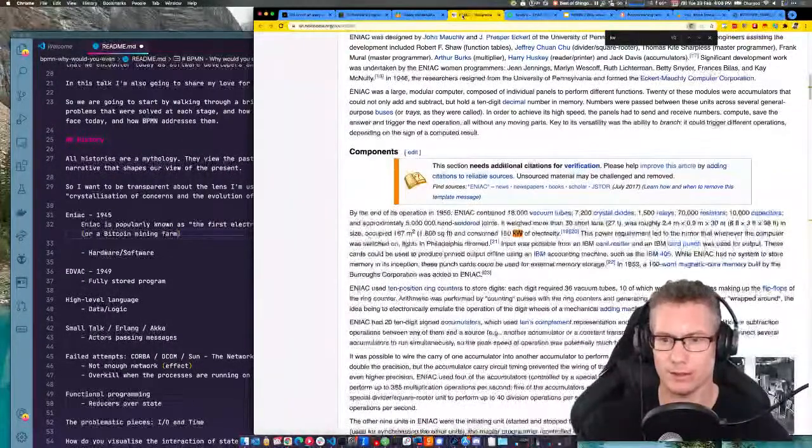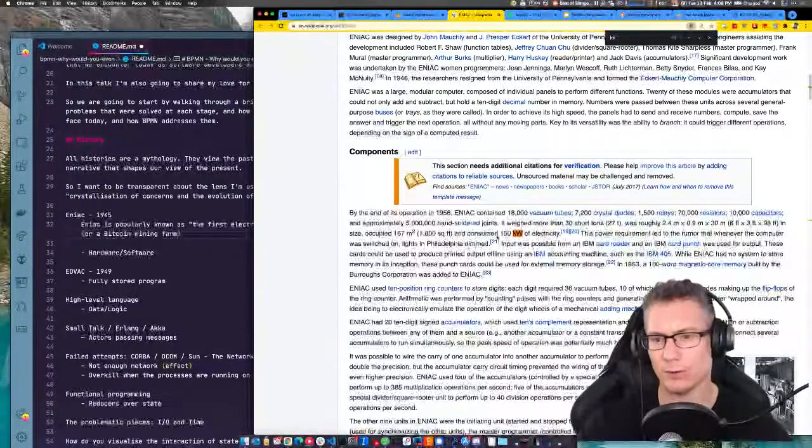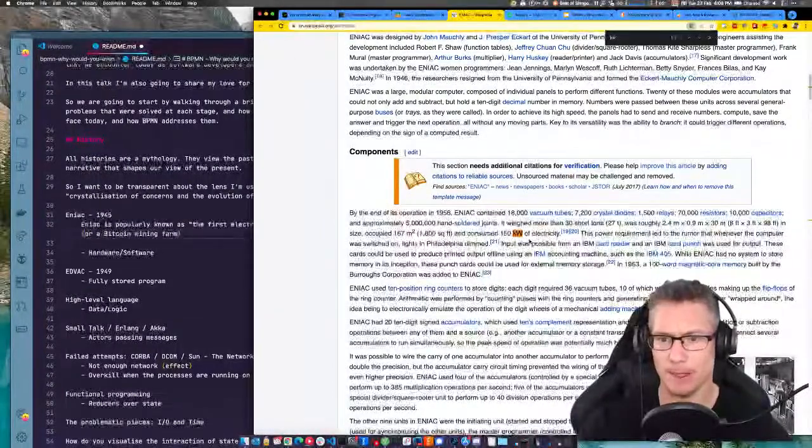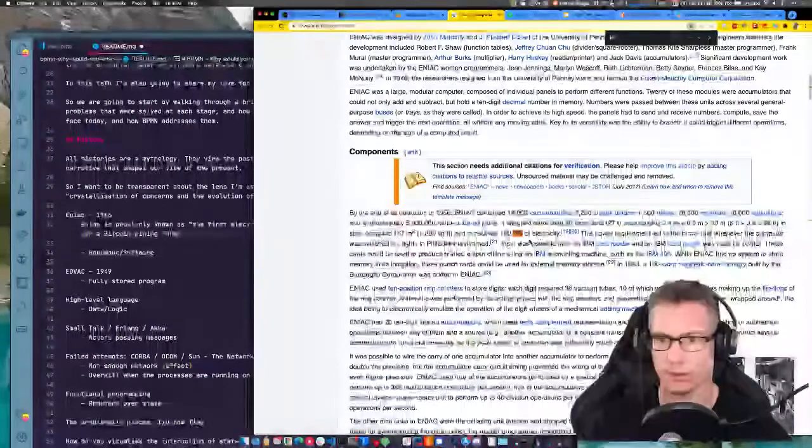Okay, so it says that it consumes 150 kilowatts of electricity, but 150 kilowatts per what? Per hour? Per second?